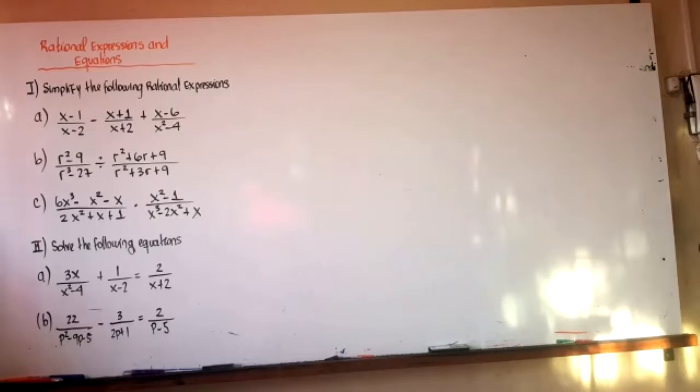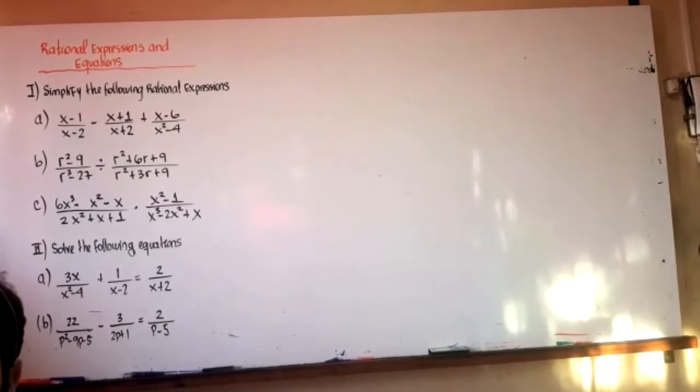I mean, addition, subtraction. In the first problem, in the second one, we have a division. In the last problem, we have a product. On the other hand, in example number two, we have to solve the following rational equations, okay? And let's see how we're going to perform every one of them.